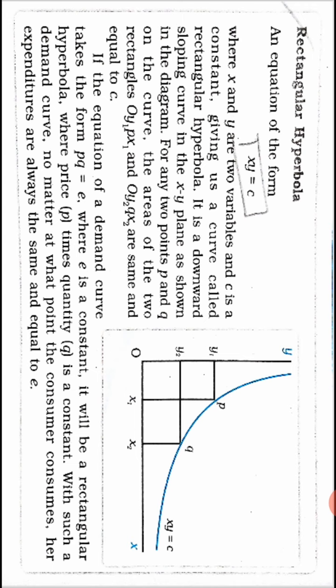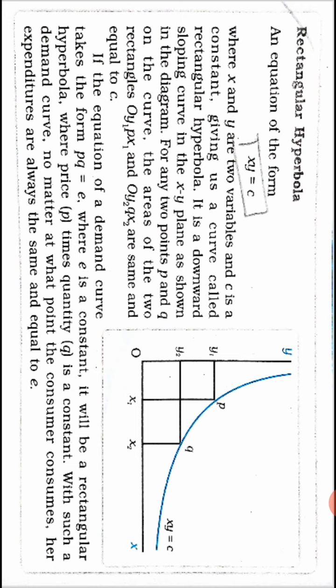So if xy = c or xy = E, then it is called a rectangular hyperbola. You can write it as c or E, which means a constant. It is the same whether you use c or E.